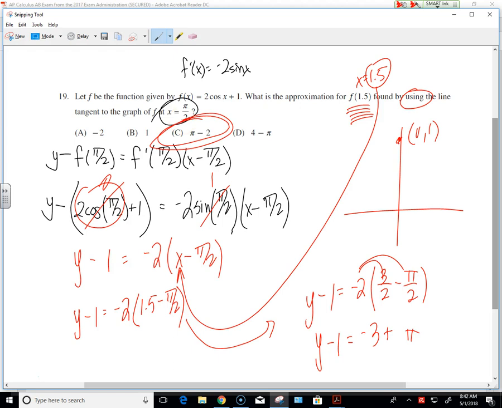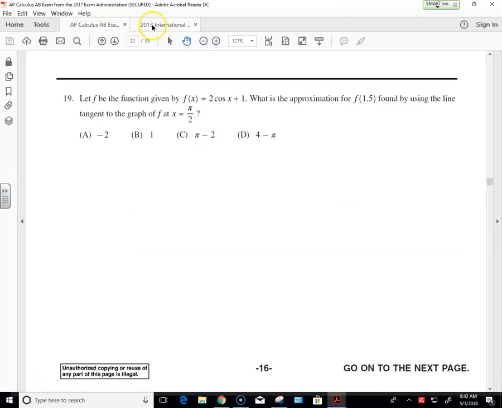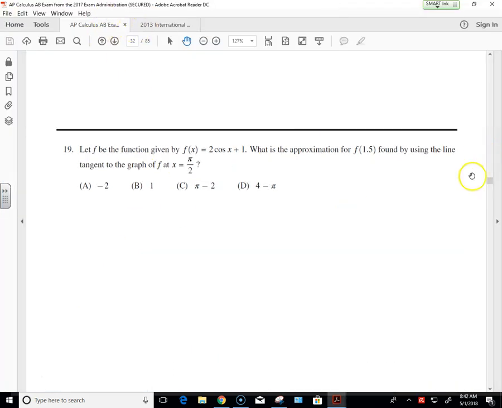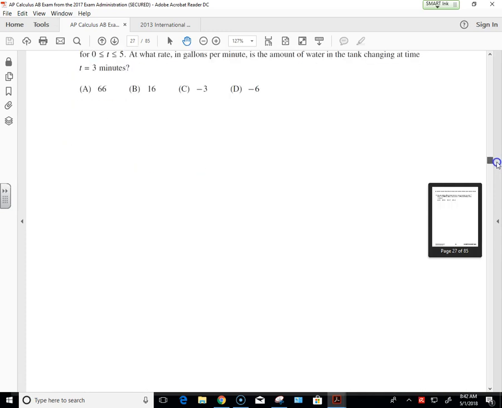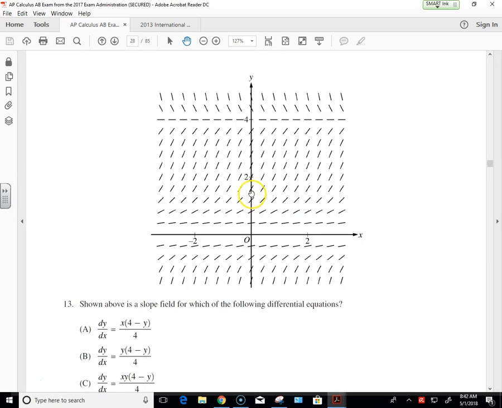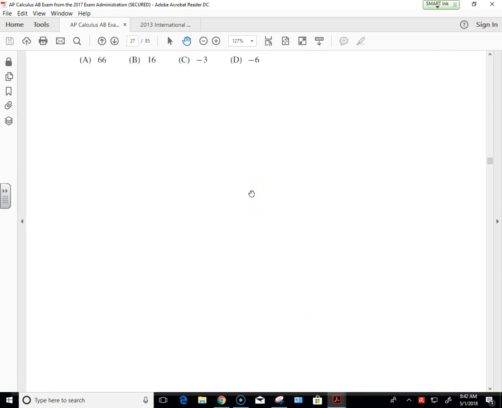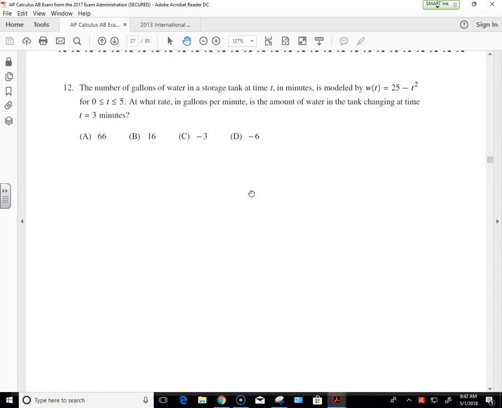Do number 12 on 2017. 2017, number 12. 2013, 21? Number 12. Where is he? Oh. Number of gallons modeled by? Oh, wait. At what rate?